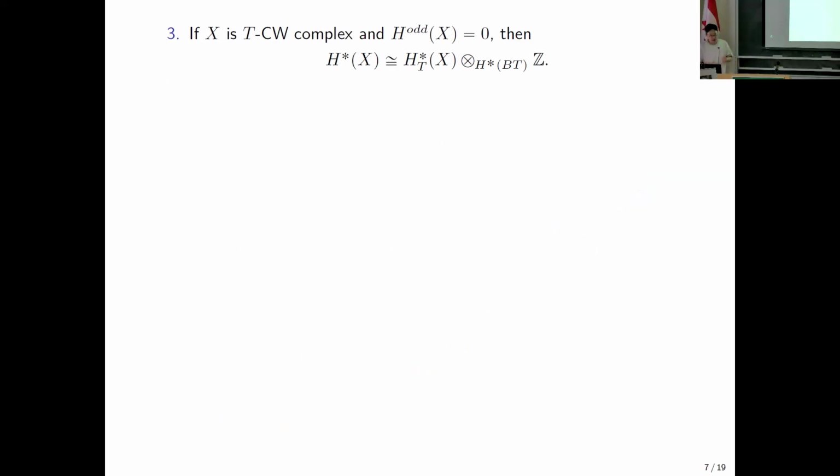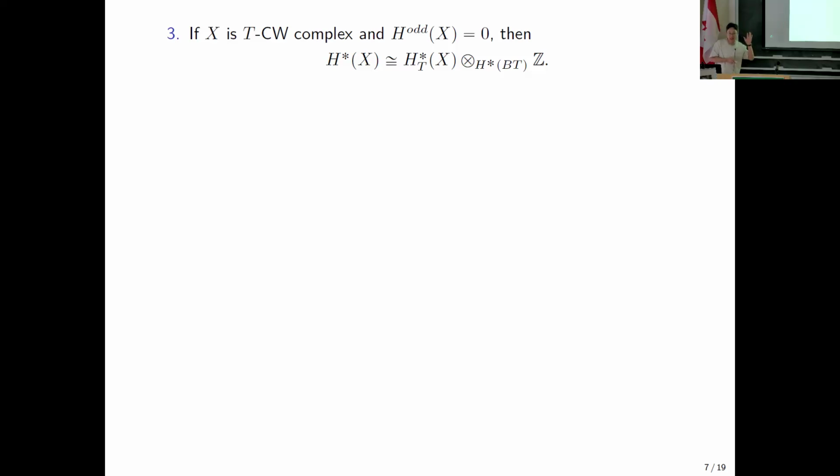Okay. So let's go back to the ordinary singular cohomology. Whenever you have a CW complex with vanishing odd degree cohomology, because of this condition you can think of a spectral sequence, and it degenerates at the E2 page.